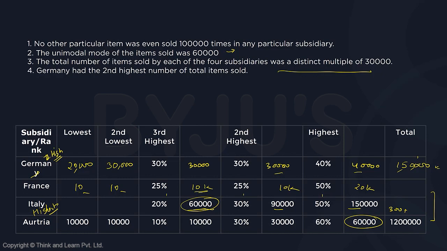But in this case, even if you take this as 60,000, 60,000, 60,000 will come out 4 times, but 10,000 is coming 4, 5, 6, 7 times. So in this case, the mode cannot be 60,000. That means this case is ruled out.